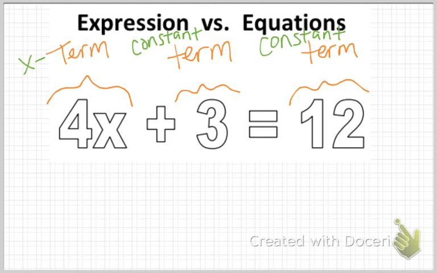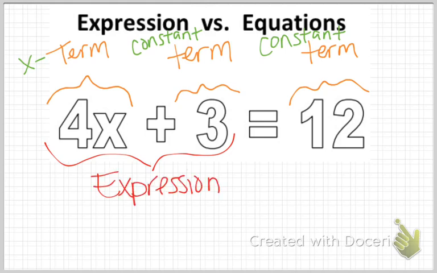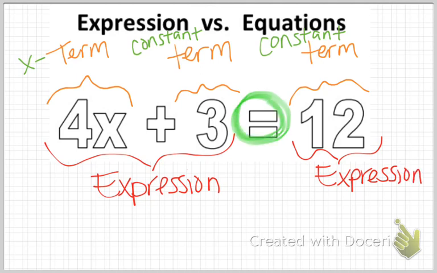You learned that all of this here was an expression. Now this 12 that's by itself on this side is also an expression. Two expressions that equal each other, that's the key, creates an equation.